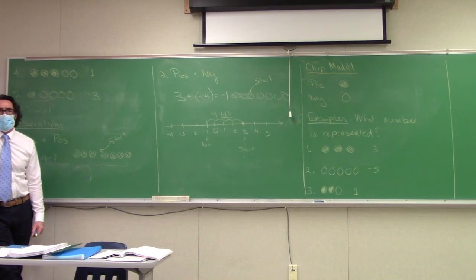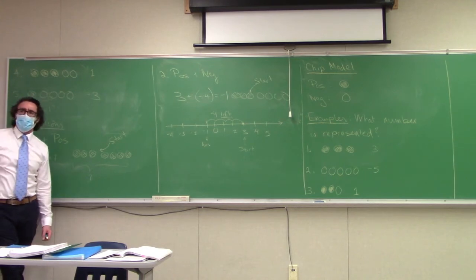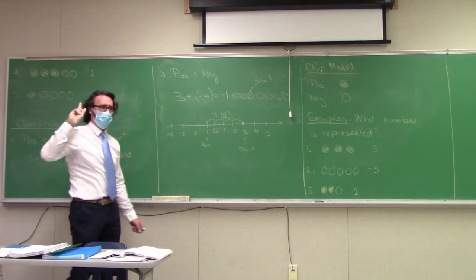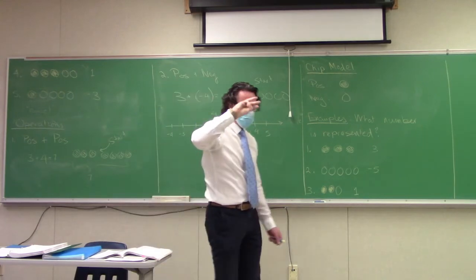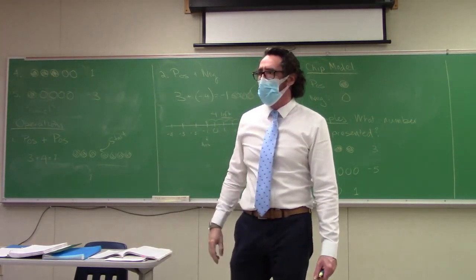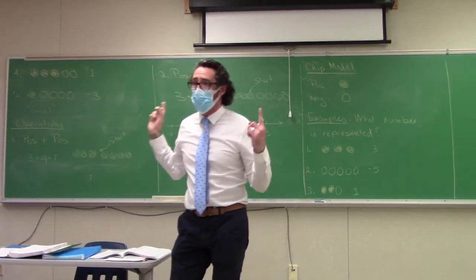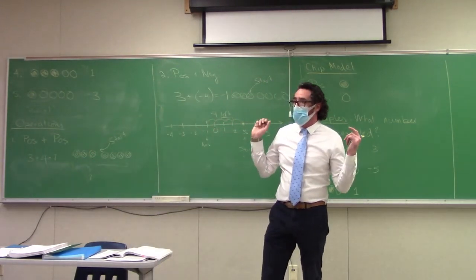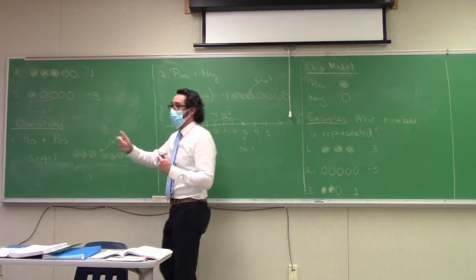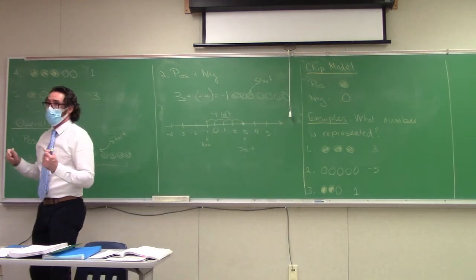I also, in the key ideas section, I put up 3 models. I didn't have just 2. What was the third model again? Money. Money and IOUs. Okay, very similar to the chip model. Your positives, think of them as dollar bills.